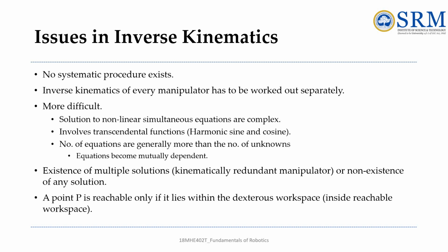We are dealing with tricky equations involving sine and cosine, which can get pretty complicated. Often there are more equations than unknowns, and they are interconnected in complex ways. This can result in multiple solutions in some cases, or sometimes no solution at all.